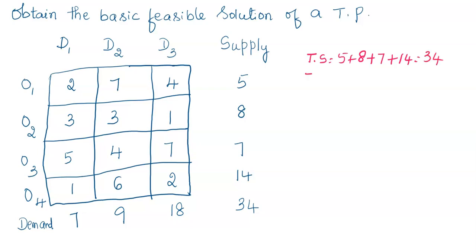And we have to find out the total demand. So total demand is 7 plus 9 plus 18, which is equal to 34. So total supply equals total demand. Then we can say that the given transportation problem is balanced.